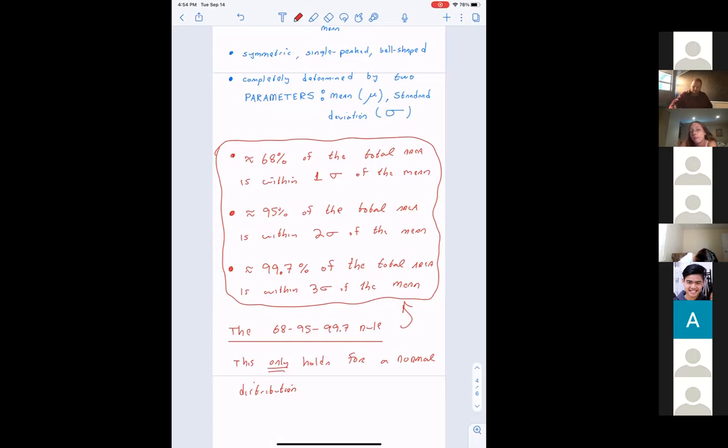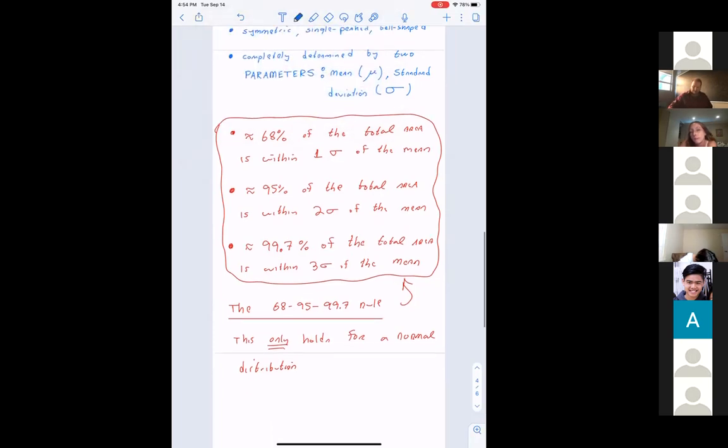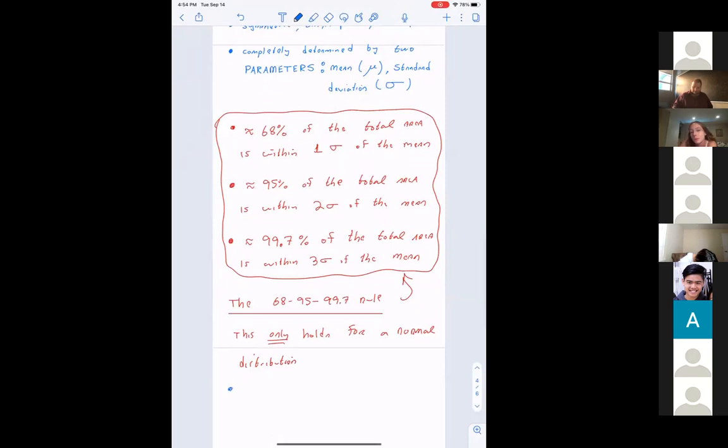So what other pieces of information do we have? Let's see, the mean is at the center, which I know I put on the graph, but I should specifically say that. The mean is at the center. The mean and median and mode all agree.